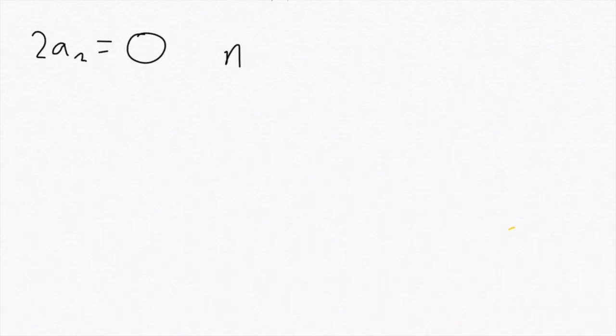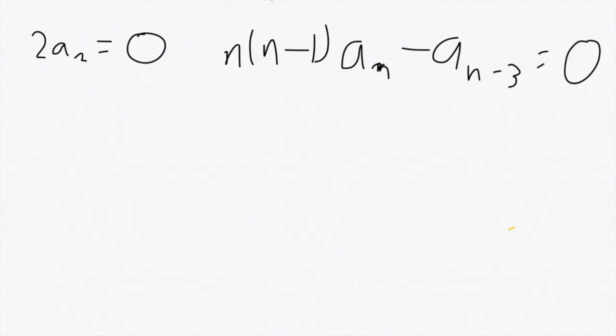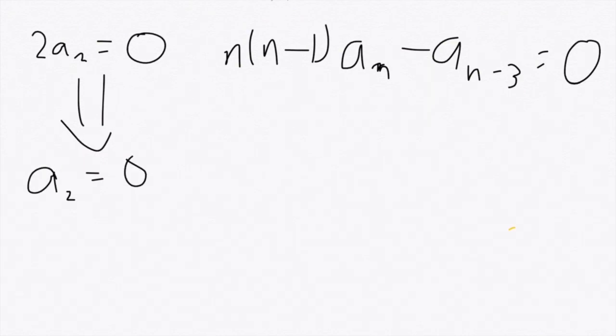Alright, so we know two things now. We know 2a of 2 is equal to 0. We know n minus 1, a of n, minus a of n minus 3 is equal to 0. So this one is really easy to solve. We can immediately determine that a of 2 is equal to 0. Now what about this other one?